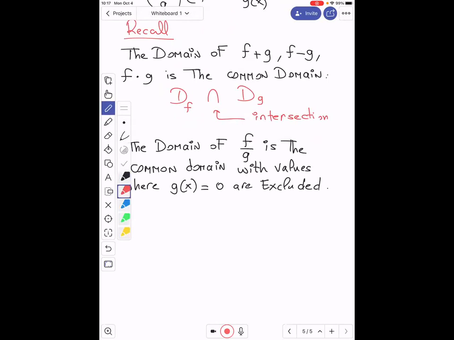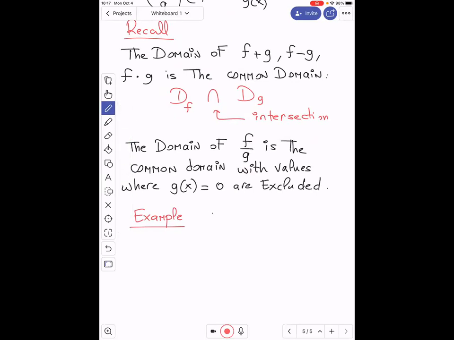As I said, we had an exercise. Well, before the exercise, I'm going to do an example just to remind you of the steps, guys. So an example. Let's say you have the following functions.